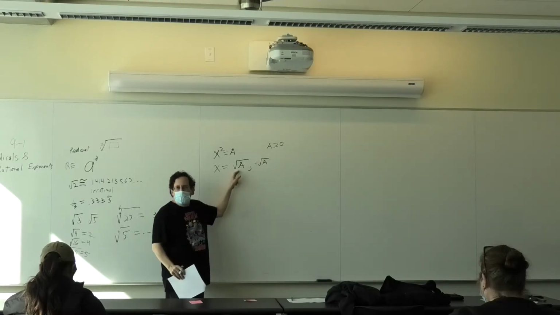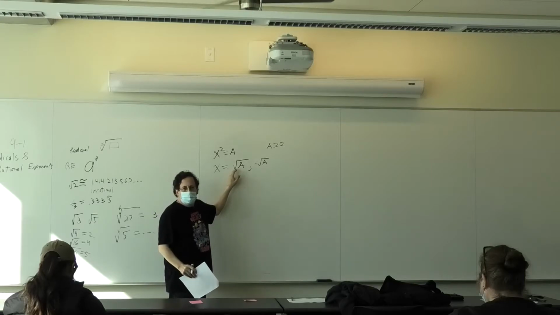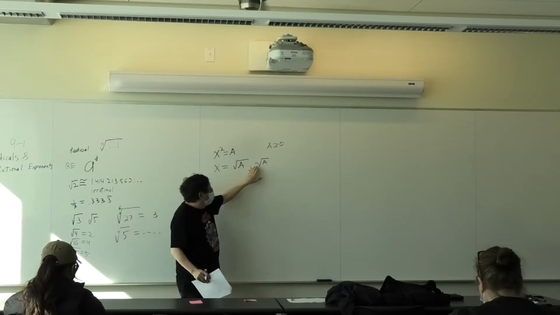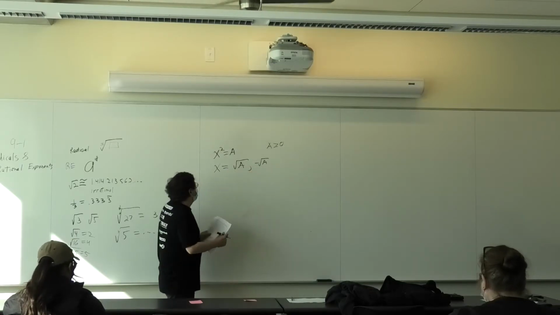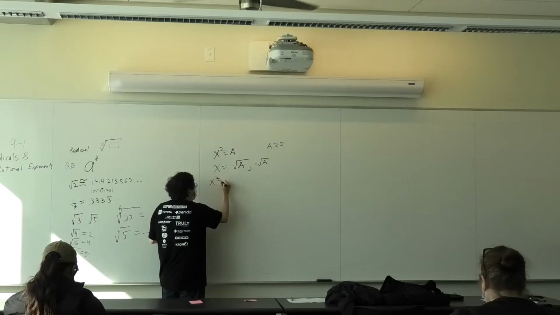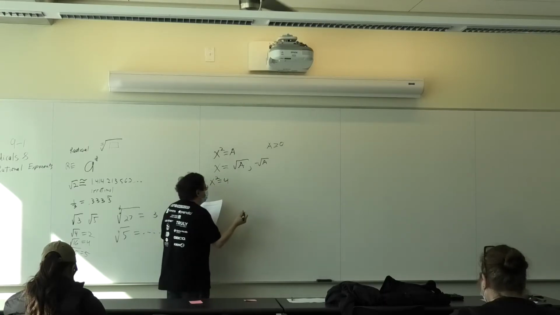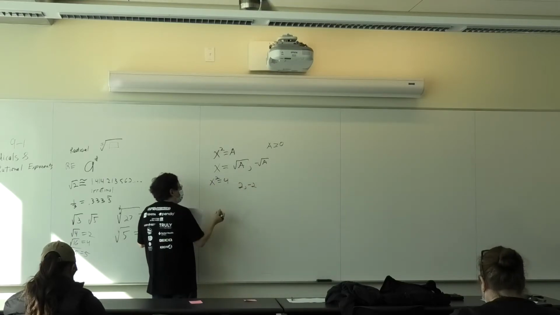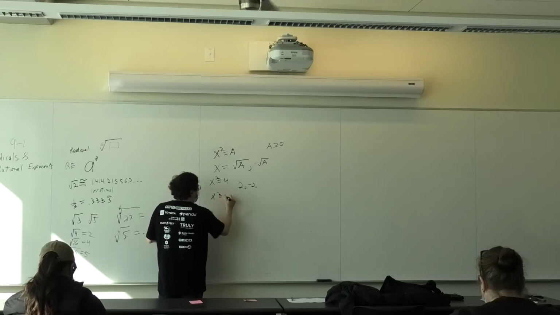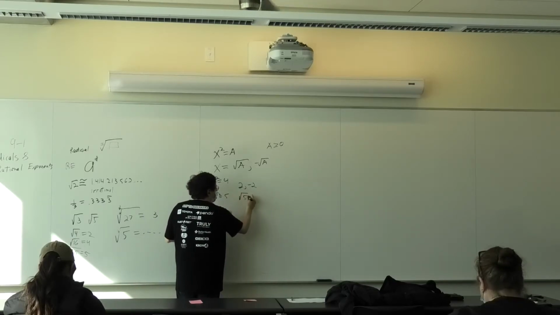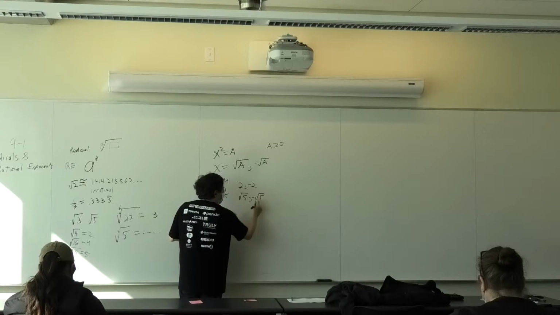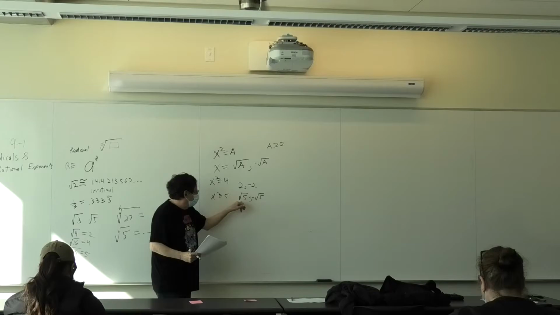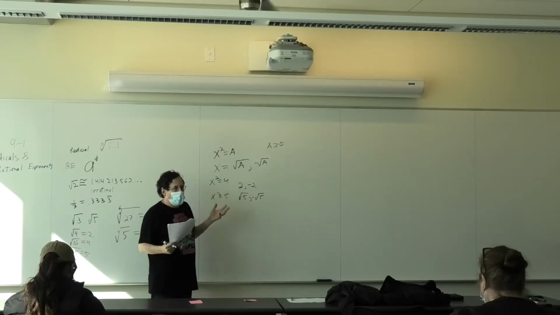By this symbol we mean the positive square root, the principal root. If we want the negative root, we really should put a minus here. So if I say x squared equals 4, what's the solution? Well, it's 2 and negative 2. But if I said x squared equals 5, I have to write the square root of 5 and negative square root of 5. And again, by this symbol we mean the principal root, the positive root.